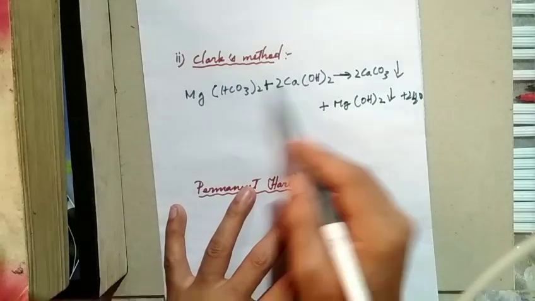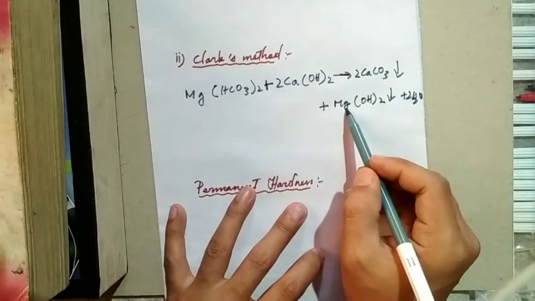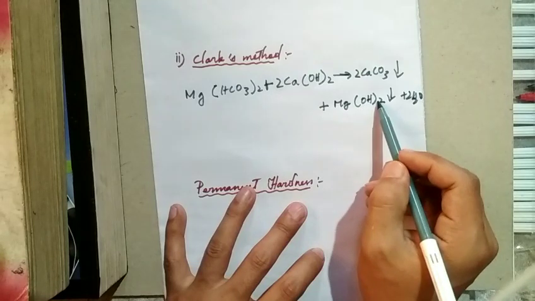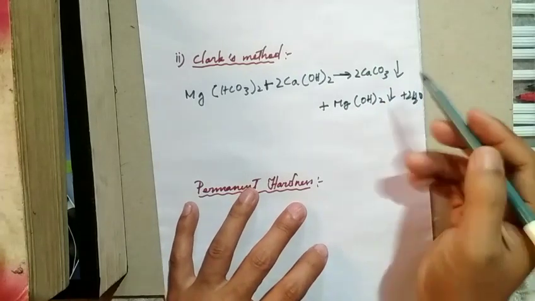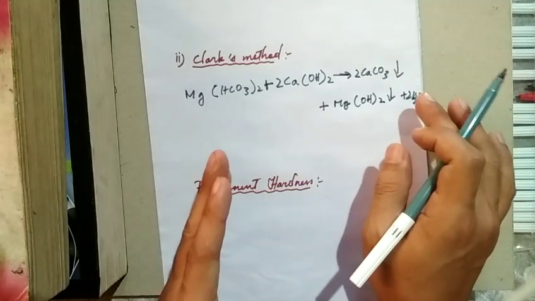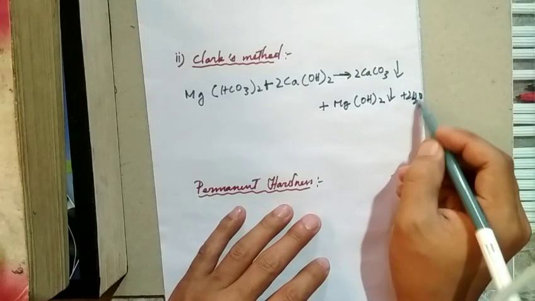So when we add lime to hard water, calcium carbonate is precipitated. Magnesium hydroxide is also precipitated. These two we can remove by filtration, in the same way as the first method of boiling, and we get water.